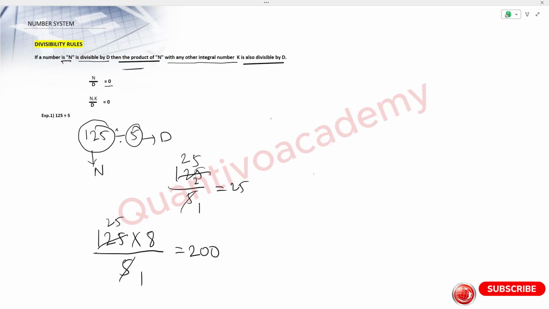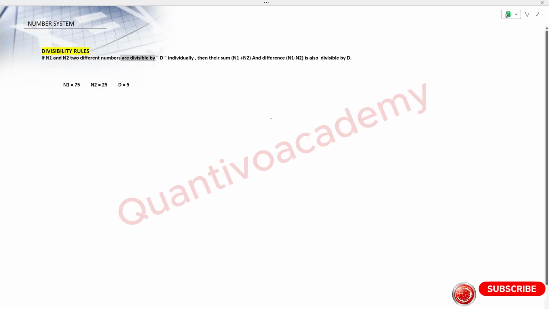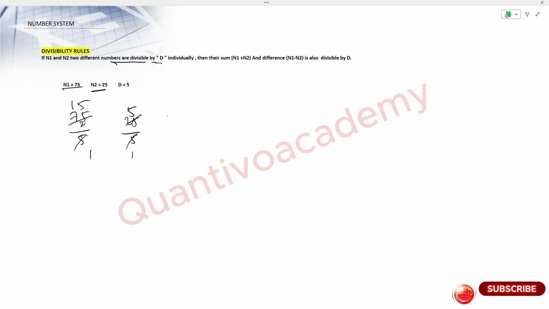Now let's understand another divisibility rule. If n1 and n2 are two different numbers that are divisible by d, let's take an example: n1 is 75 and n2 is 25, both divisible by d, which is 5. So 75 is divisible by 5 and 25 is divisible by 5, which means n1 is divisible by d and n2 is also divisible by d.